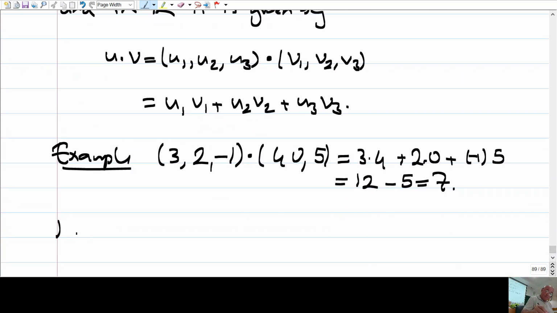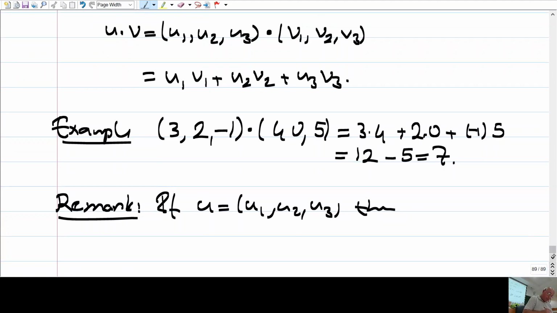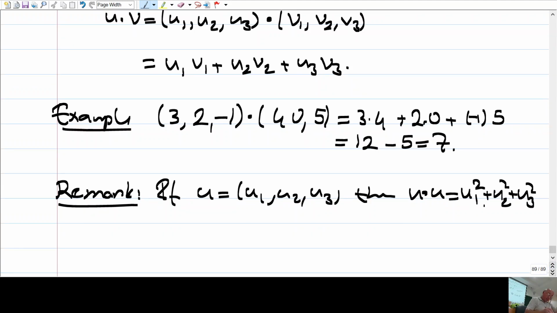Note that, let me write as a remark, if u is, let's say, this vector, then u dot u is just u1 squared, right? Because u1 times u1, u1 squared, and then u2 squared and u3 squared. But what is this?